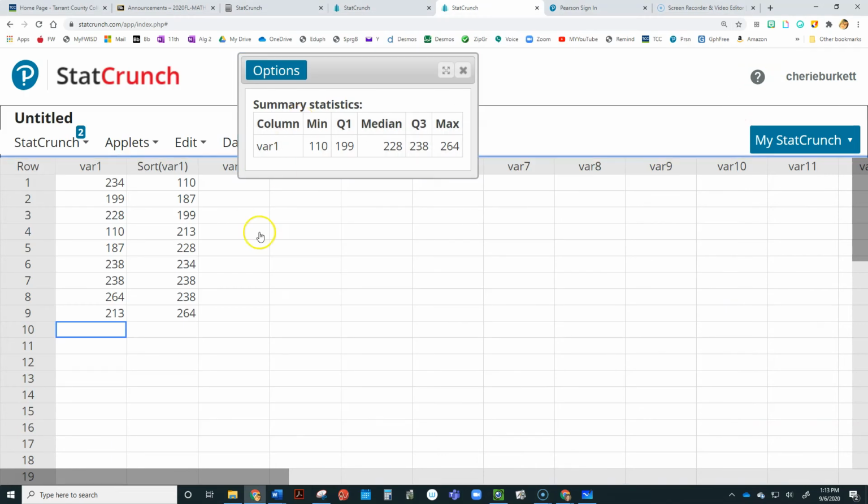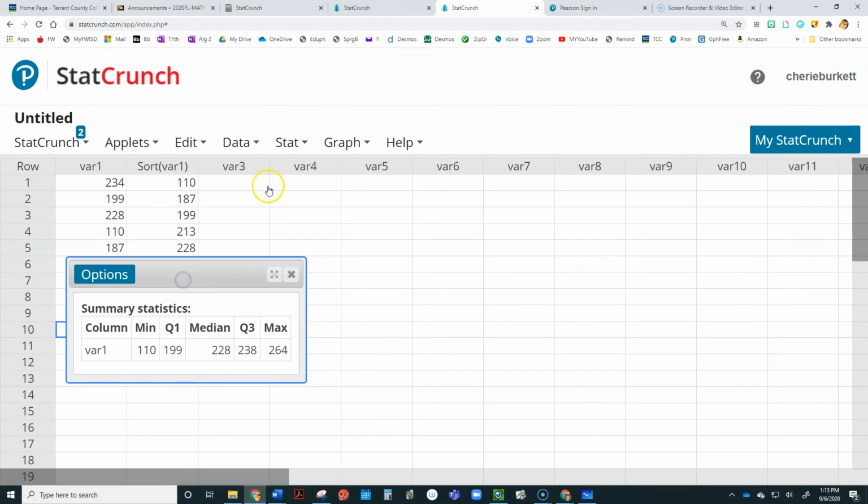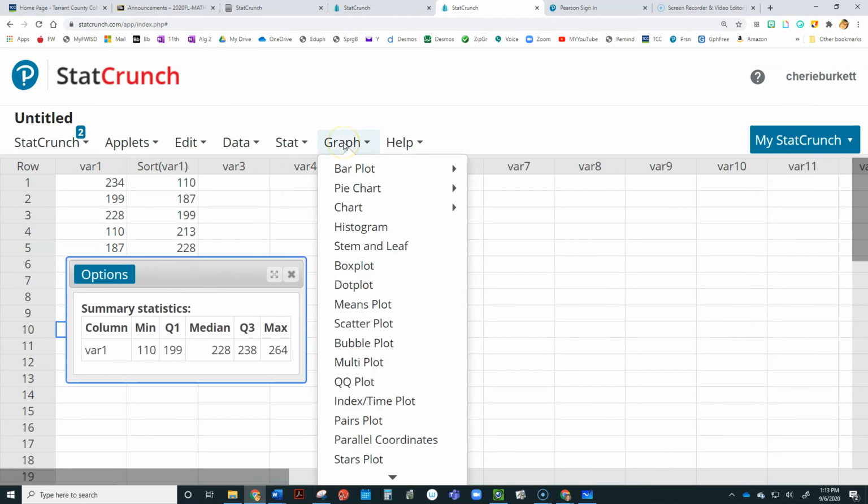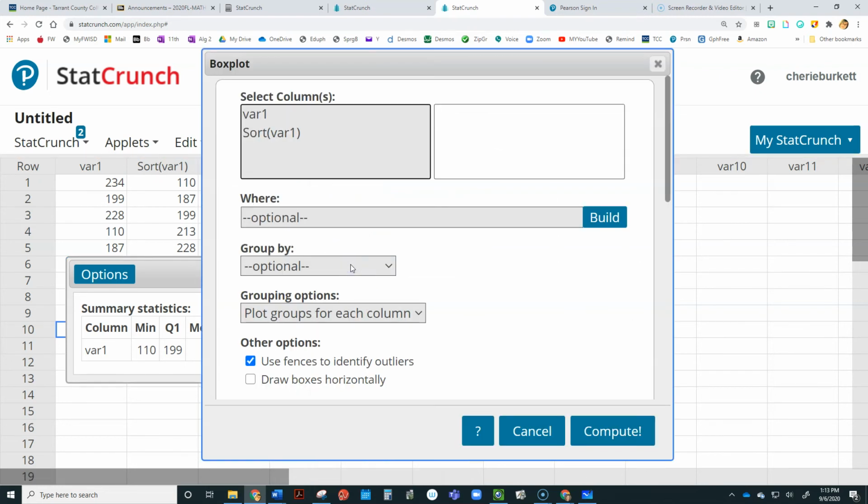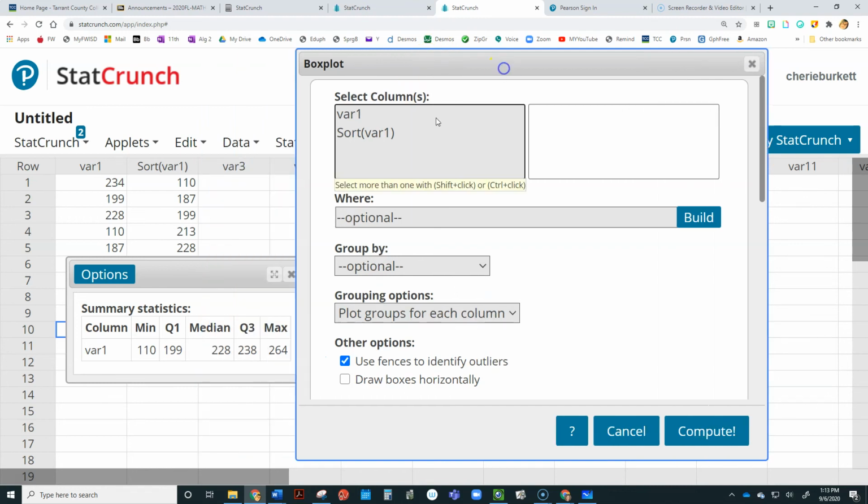So let's run over here. Here's the data that's on StatCrunch. I've already calculated the 5-number summary. Now to do the box plot, I'm going to go to graph, and I'm going to go down to box plot. And the settings are pretty understandable.